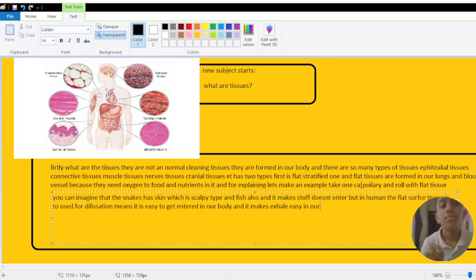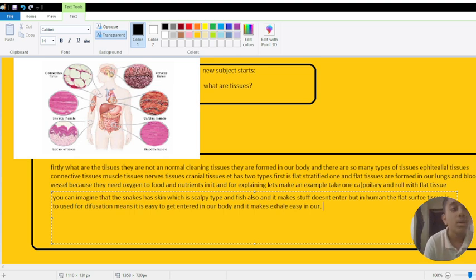It is a good tissue for that, so the air can enter easily into the lungs and exhale out easily from the lungs. So I guess you have understood our first one, which is epithelial tissues.